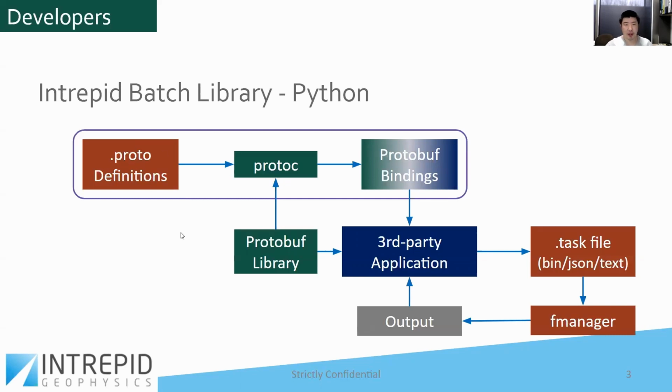Generally speaking, you probably see this flow chart, maybe slightly different, but it doesn't matter. We captured all the routines, algorithms, and processings into protocol buffers. These are the so-called .proto definitions, a kind of interface definition language that can be turned into different language bindings by using protoc, the protocol buffers compiler.